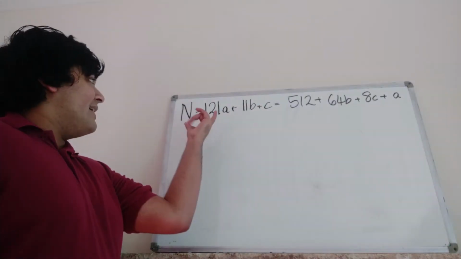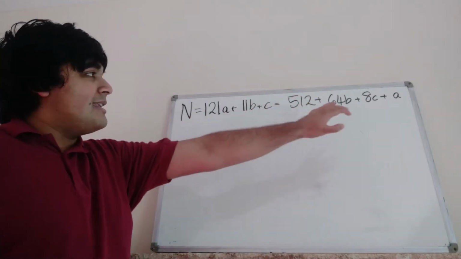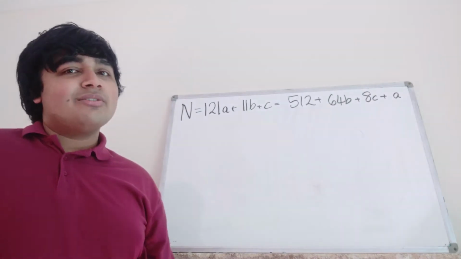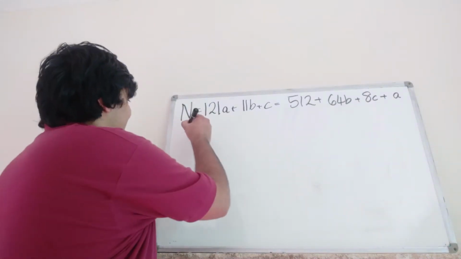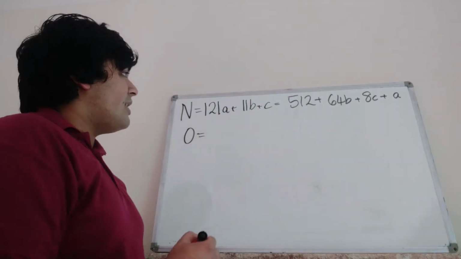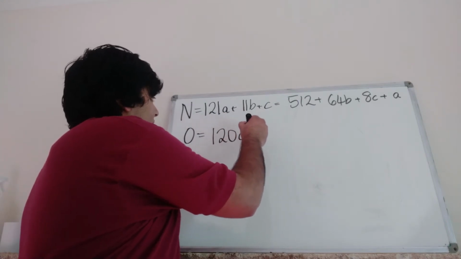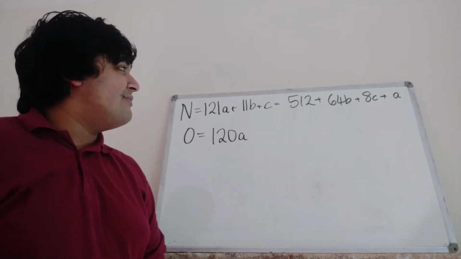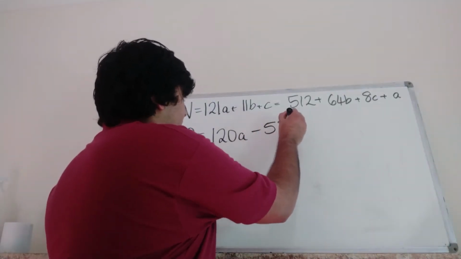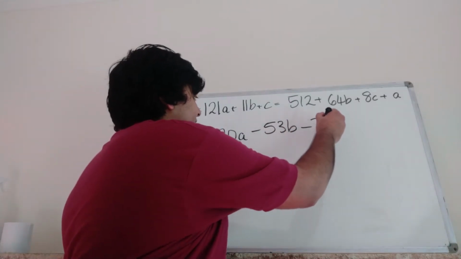Anyway, we have n taking this form here, and what we want to do is take this thing minus this thing, which is just n minus n, which is 0. So we have that 0 is equal to this guy minus this guy. 121a minus a is 120a. 11b minus 64b is minus 53b. c minus 8c is minus 7c.